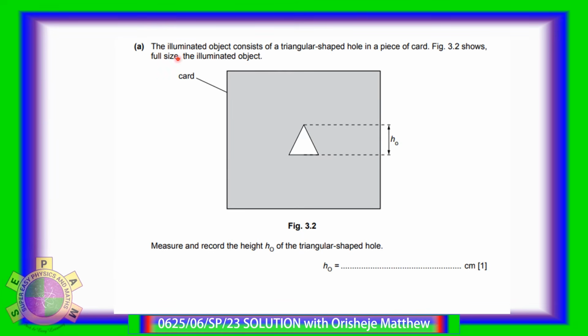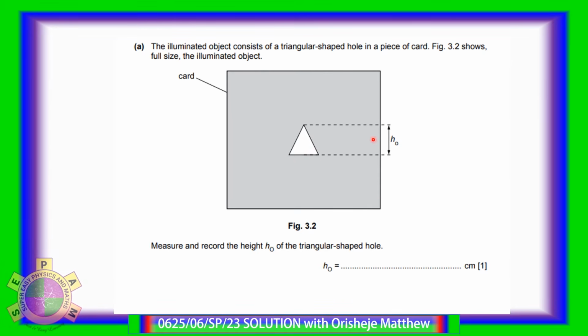Now, the illuminated object consists of a triangular hole in a piece of card. Now, measure and record the height of the triangular hole. This is the illuminated triangle on the ray box from which the light will escape. Okay, so this one will now become the source.